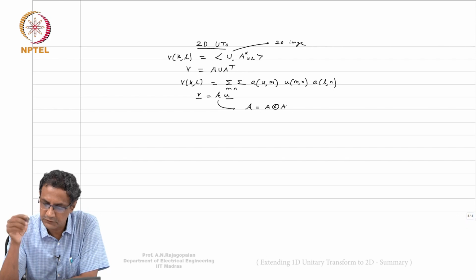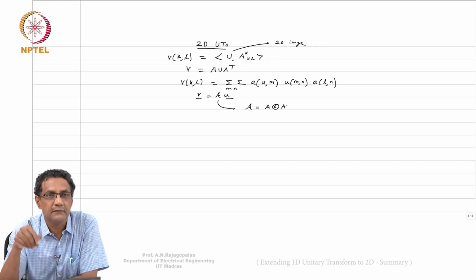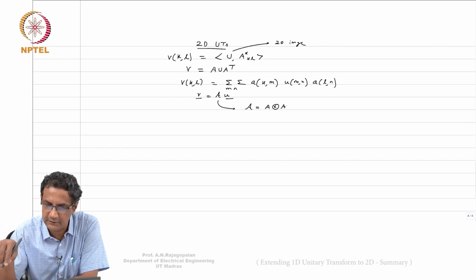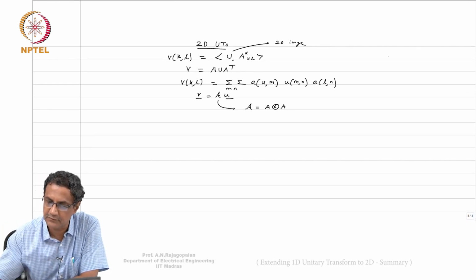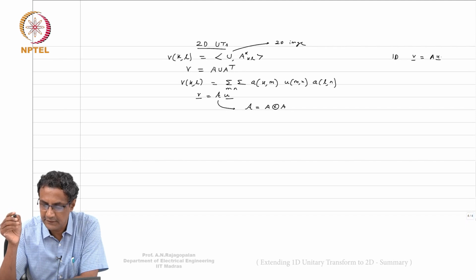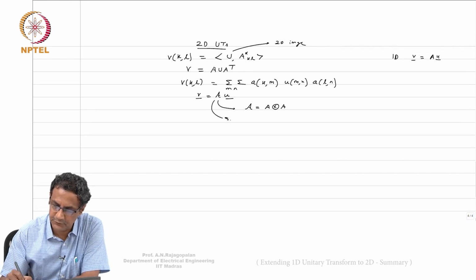This looks like just one walk away, whereas the others look kind of roundabout. This is straight. Just as in 1D we had V equal to AU, now going to 2D simply entails using a different unitary transform. This is what we call a 2D unitary transform.